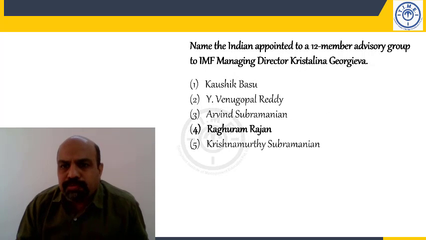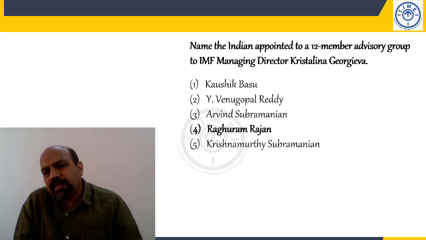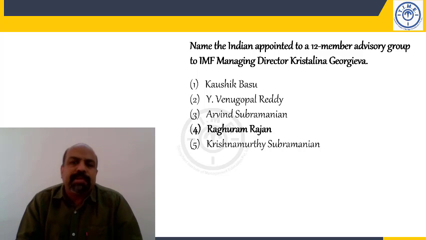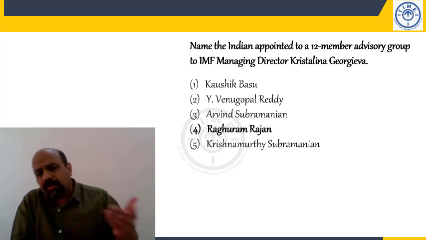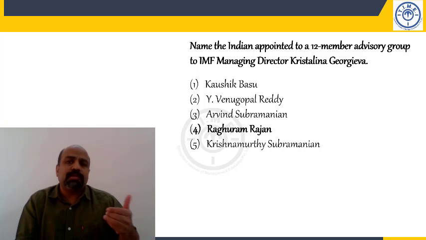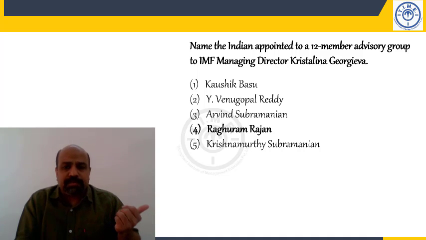Name the Indian appointed to a 12-member advisory group to the Managing Director. They would advise the MD of IMF. Raghuram Rajan. And there's nothing to discuss except for 5. The first 3 are all familiar names. For example, Kaushik Basu is the former chief economist of the World Bank. Y. Venugopal Reddy, ex-RBI governor.